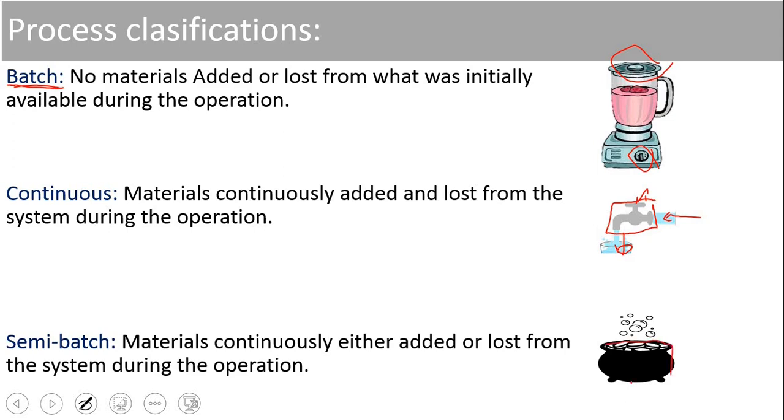The system is the pot itself, and when you ignite the fire, some of the water will evaporate. It will get out of the boundary of the system, and during the operation there is no adding of any ingredient, so it will be a semi-batch.